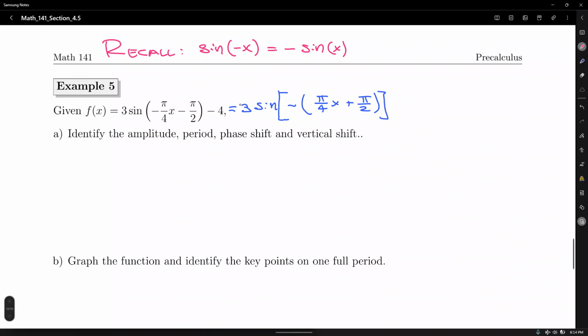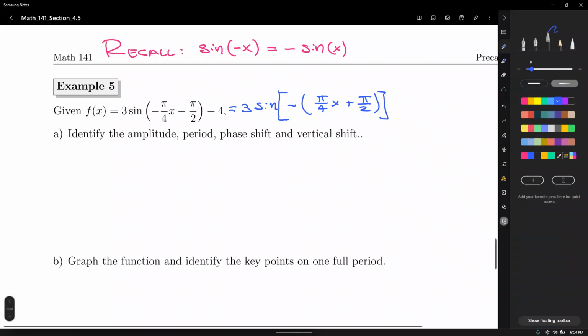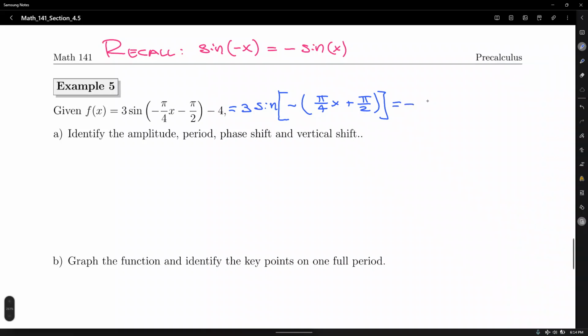So I'm going to have this negative sign outside, and that is going to be equal to negative 3 sine of pi over 4 x plus pi over 2. Okay, and then, don't forget the minus 4 right there. I almost forgot it. Okay, so minus 4.